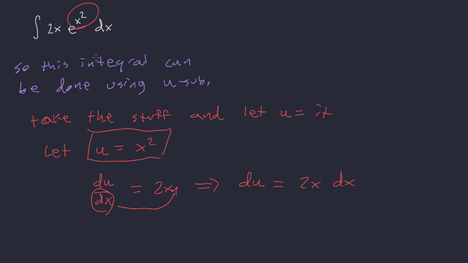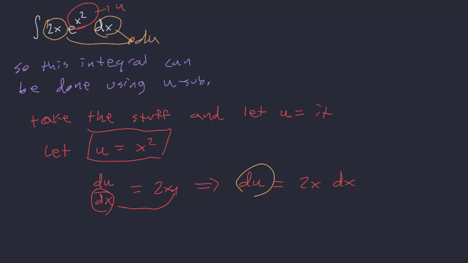So if we look back at our integral, this x squared we could rewrite as u, and then what's more, this 2x dx can be rewritten as du.